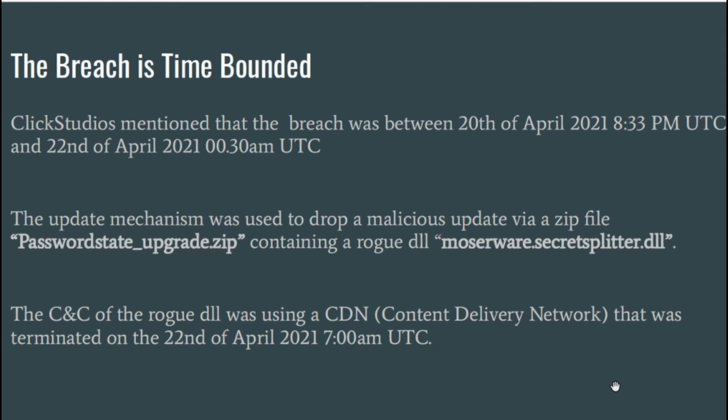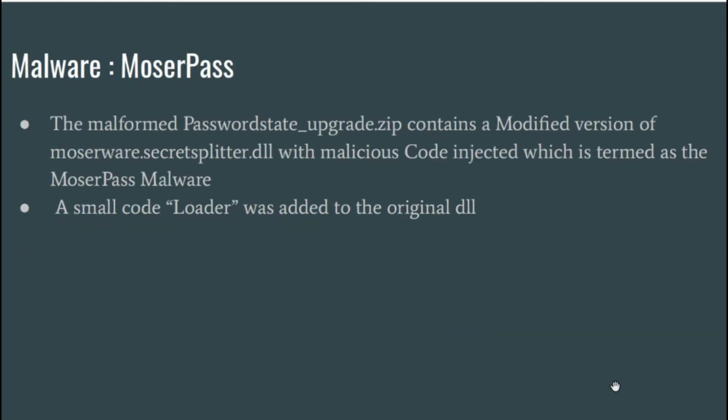So the update mechanism, as we know, drops a malicious update via the zip file Passwordstate_upgrade.zip, which contains this rogue DLL moserware.secretsplitter.dll. They named this malware MOSERPASS, after the name given in the DLL. So what's this actually?